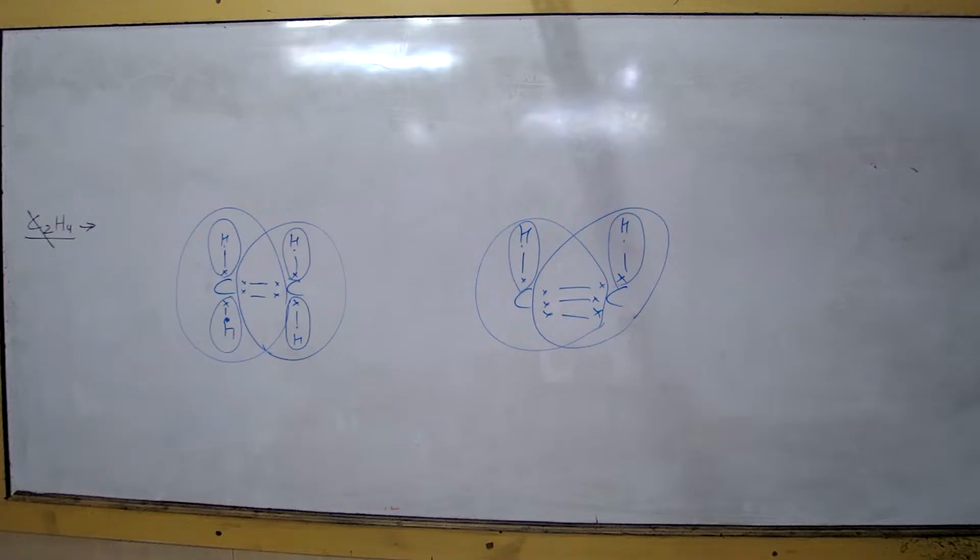An element has atoms with different mass number. True or false? True. There are different isotopes of the same element. Now you can give an example, right?